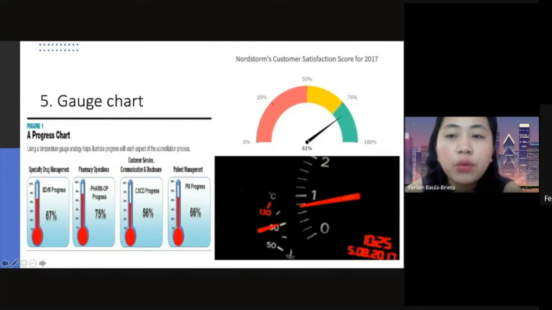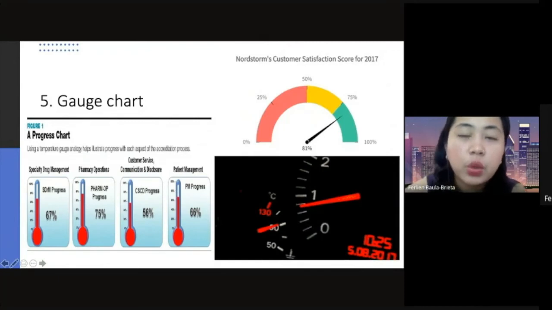Okay, the value for each of these figures will give us a colored data range. So it will help give us a visual representation of how far or how intense our data is.